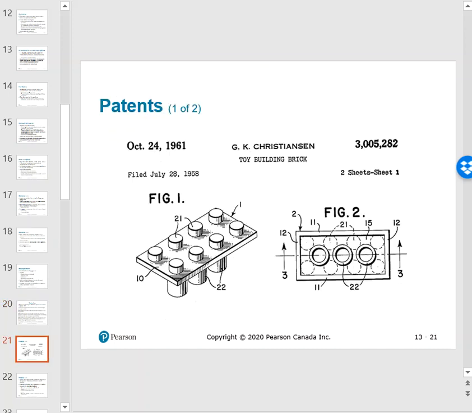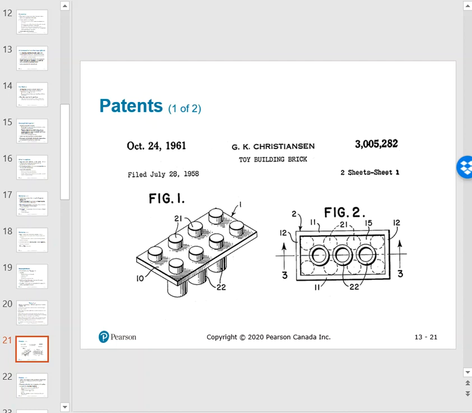So what is this? What is this picture in here? Have you ever played with this? You probably have. Does anyone remember? Okay, this is Lego.